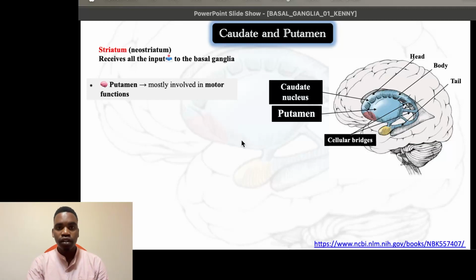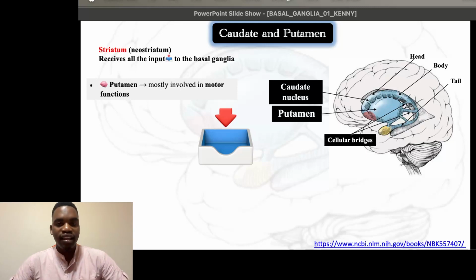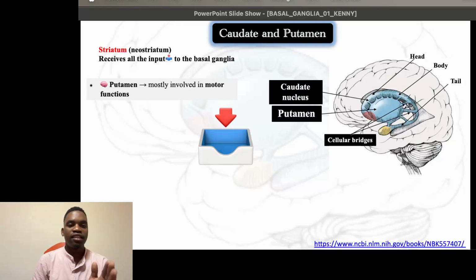And we will see shortly that the caudate nucleus and the putamen, or the striatum, form the main input gate to the basal ganglia. So if you want to go through the basal ganglia, we first have to encounter the striatum, the caudate nucleus and the putamen.